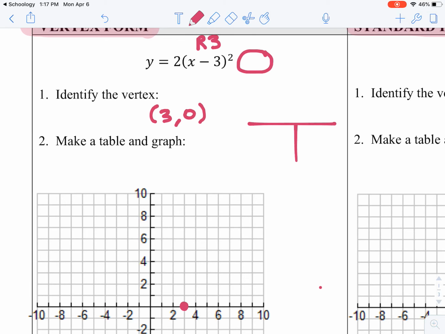Then I'm going to make a table, my XY, putting my vertex in the center. I'm going to go 2 smaller and 2 bigger. I'm going to use my calculator to substitute the x values into my original equation.